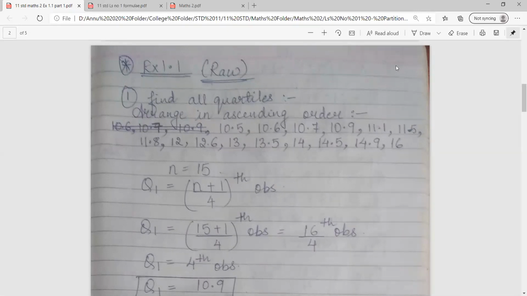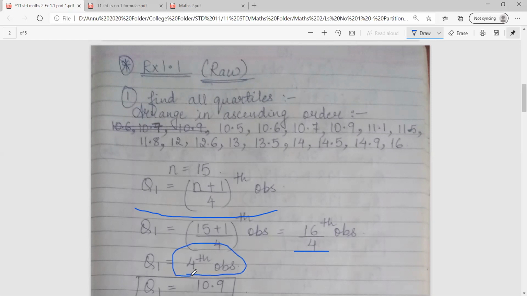Now we'll put in the formula for all the quartiles. Q1 is equal to (n plus 1) upon 4th observation. So Q1 is equal to (15 plus 1) upon 4th observation, which is 16 upon 4th observation. 16 divided by 4 is the 4th observation. Now class, pay attention to this.